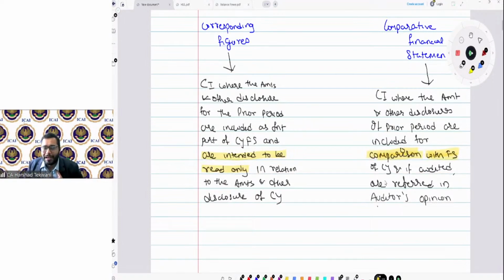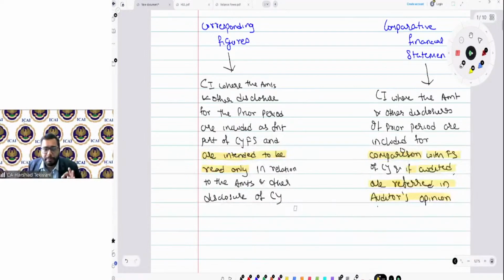My role as management to present the comparative financial information is for comparison purpose. So the prime purpose of the comparative financial statement is comparison with the current year FS, and if audited, they are referred to in my auditor's opinion.